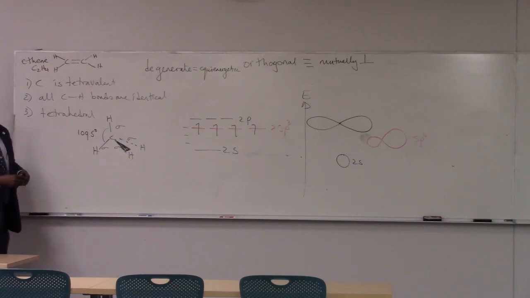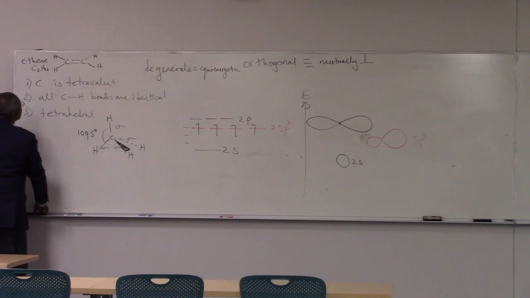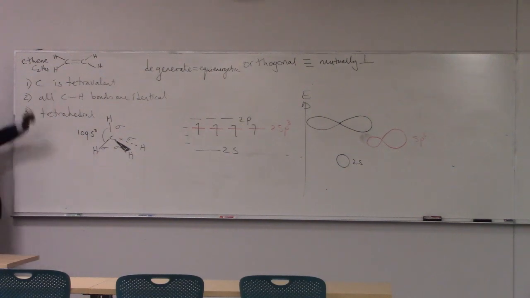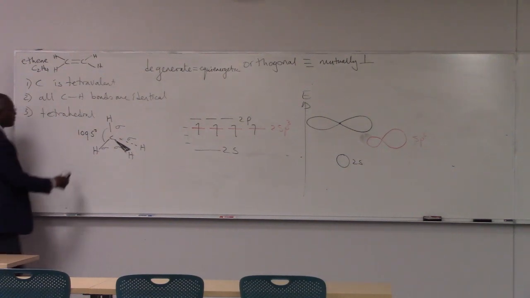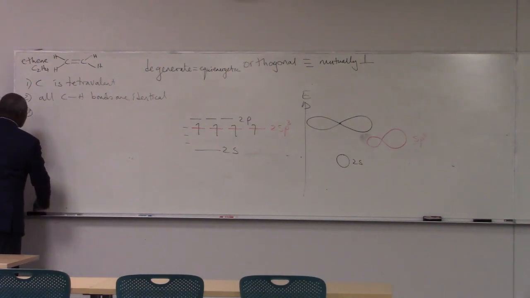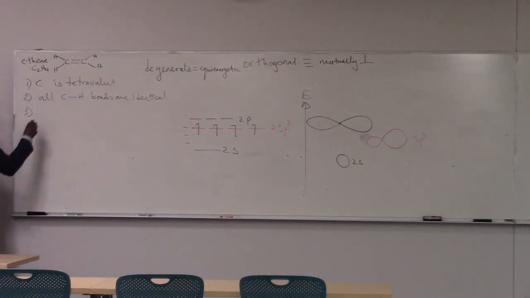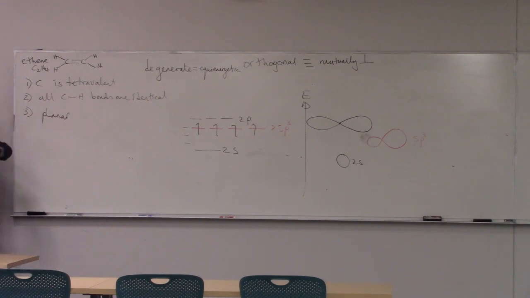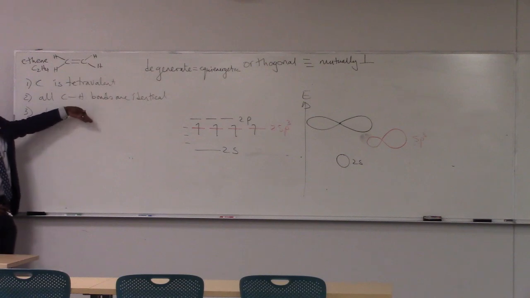What are the features? Well, the carbon is tetravalent: 1, 2, 3, 4. That's good. Turns out all the CH bonds are also identical. The molecule is no longer tetrahedral. The molecule is planar, meaning it's flat. It's in a plane, in this case the plane of the board.